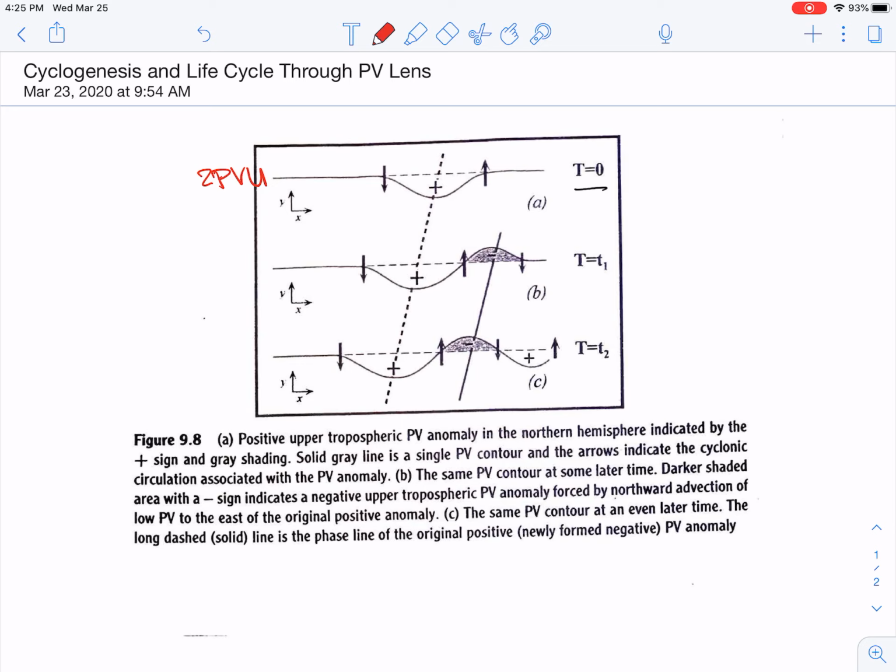And so the question that remains then is what happens through time, since ultimately we want to know what's going to happen to this upper level positive PV anomaly and how might that change through time. If we consider that the only way we can change our PV distribution, as long as our atmosphere is adiabatic and frictionless, is through the advection of PV itself.